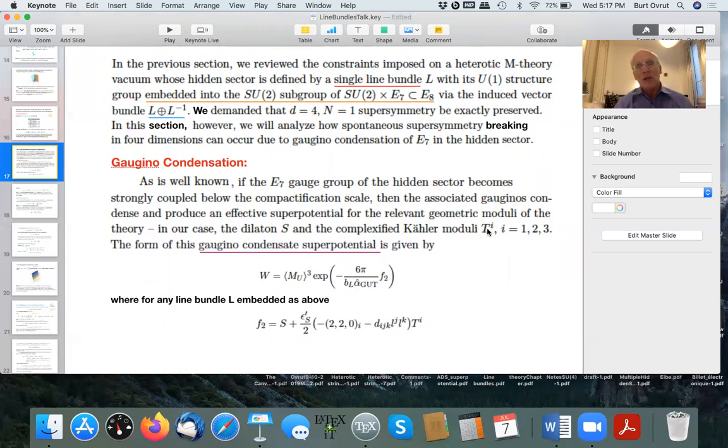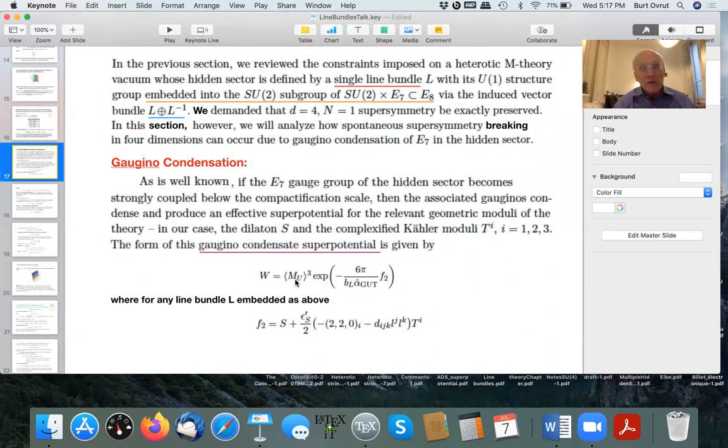This is the complex scalar moduli, the a1, a2, and a3 were the real part thereof, or part of the real part. It's well known that when you have a non-abelian group, which is E7, it becomes strong coupling. The gauginos can condense and they will produce a superpotential, and this is the form of the superpotential.